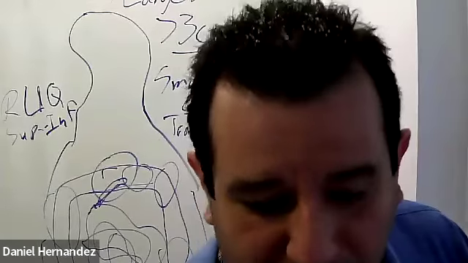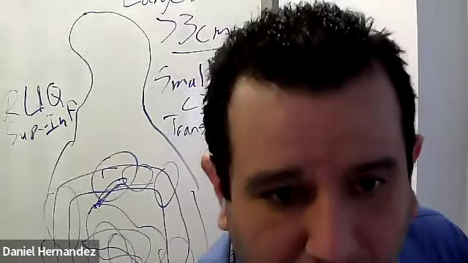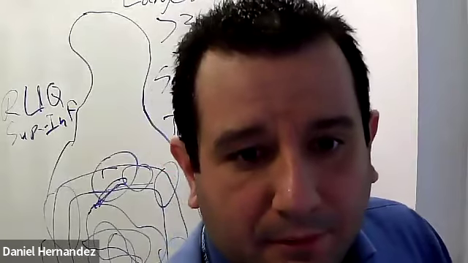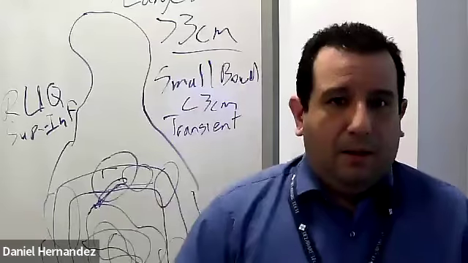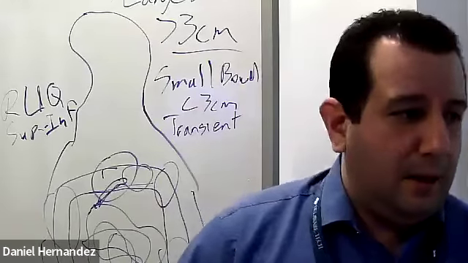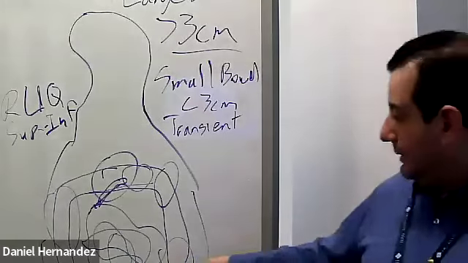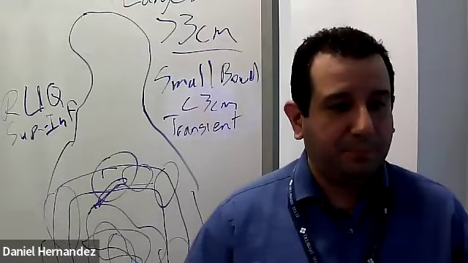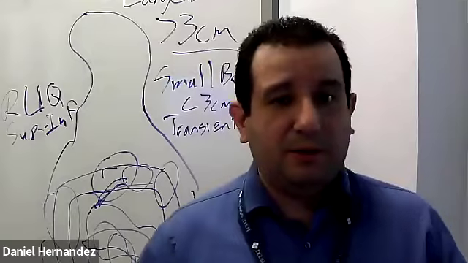So we're talking age range now for kids with intussusception. The kids are young. Usually these ileocolic intussusceptions, the large bowel ones with the terminal ileum going into the cecum, are between the ages of 6 months and 2 years.